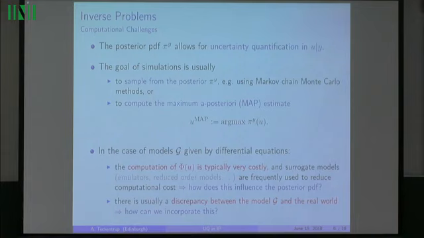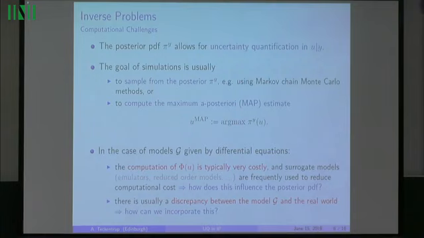So you might also know these as emulators or reduced order models, depending on which community you're from. And the question that you then might ask is, well, if I'm approximating my model G by a surrogate model, how does that actually influence the posterior that I get? So how does that influence my estimate of u given y? Okay, so that's one thing I'm going to talk about.